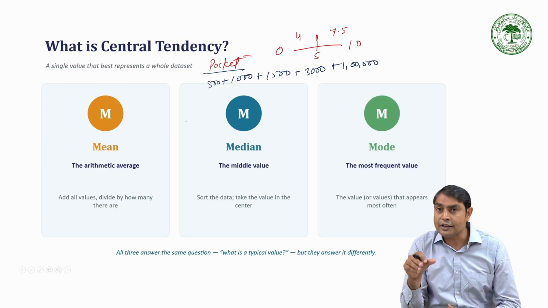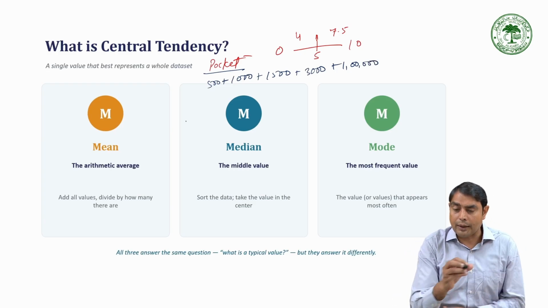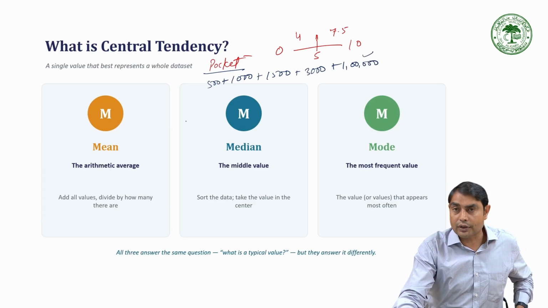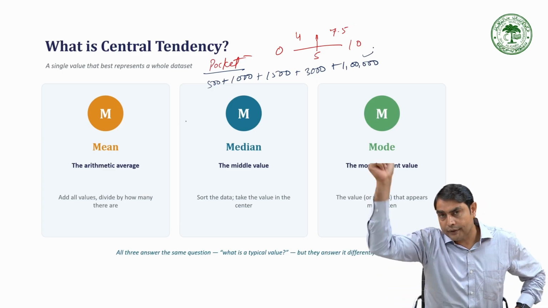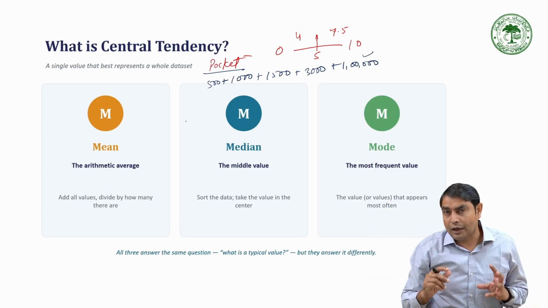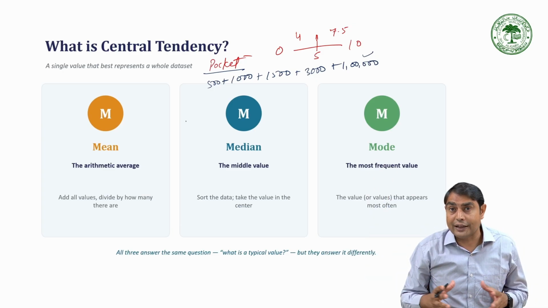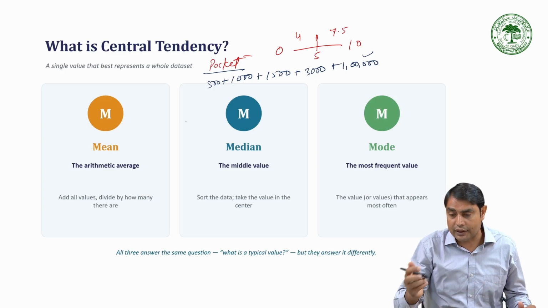If I'm handling this problem with the mean, then what will happen? This one outlier or extreme value will increase my mean to a great extent, will affect my mean to a great extent.